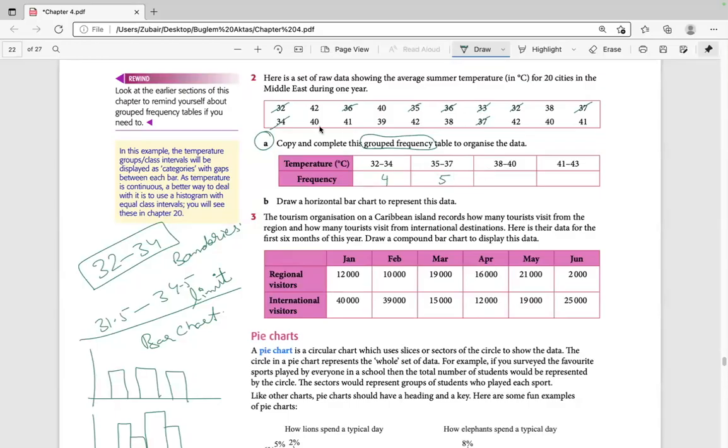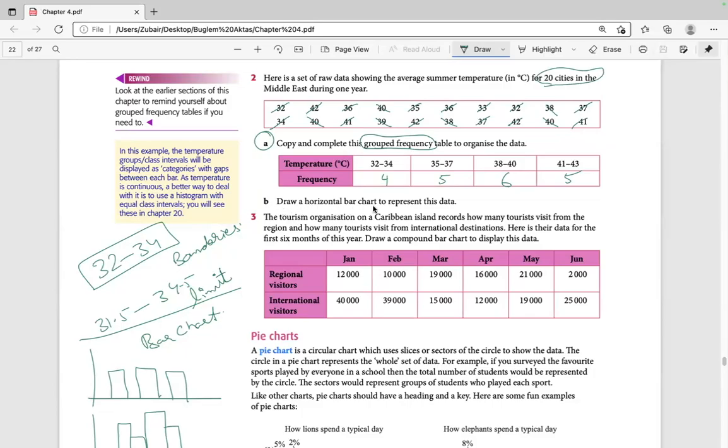Now 38, 39, and 40: 1, 2, 3, 4, 5, 6. Now 41, 42, and 43: 1, 2, 3, 4, 5. A quick add up to see if no values are missed. 4 plus 5 plus 6 plus 5 gives me 20. And these were 20 cities.